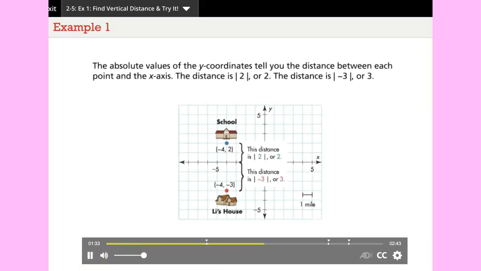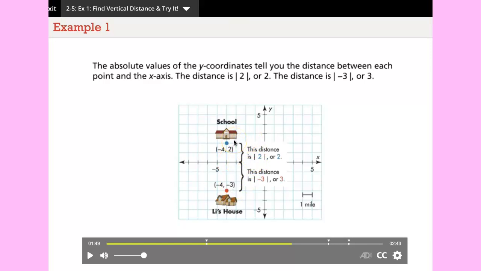The absolute values of the y-coordinates tell you the distance between each point and the x-axis. This distance is the absolute value of 2, or 2. This distance is the absolute value of negative 3, or 3. With that said, we always have to make the reference between the axes. If you notice, you only find the distance from the axis to the location.